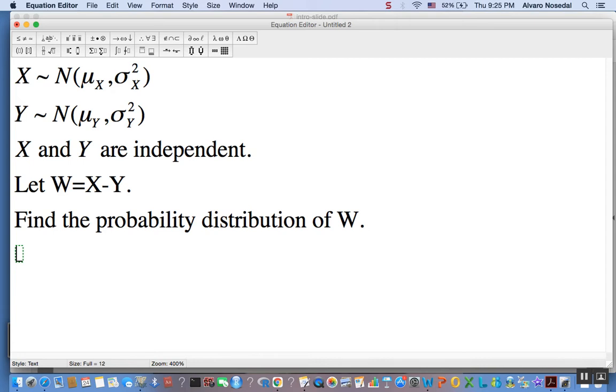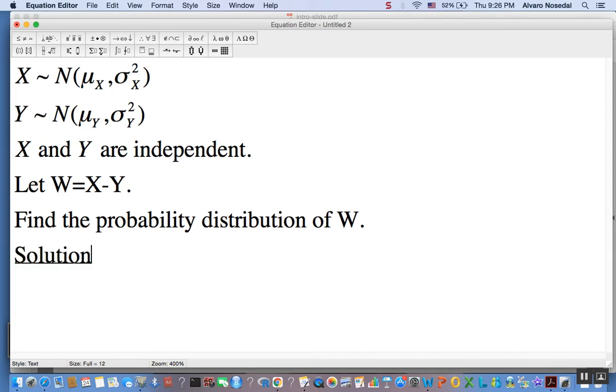One way, which is really convenient in this case and going to be really fast, is using an MGF. So we are going to find the MGF of W, and since we have a linear combination of normals, we're going to see that the MGF of W will be the MGF of another normal. As a byproduct of this, we are going to obtain its mean and its variance.